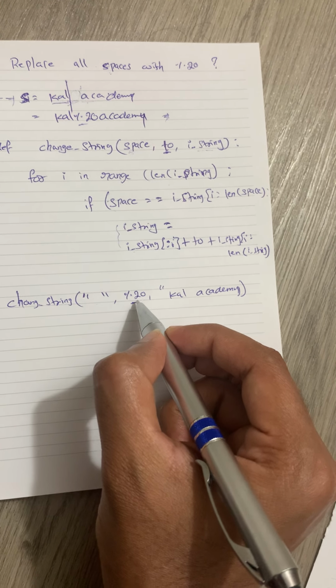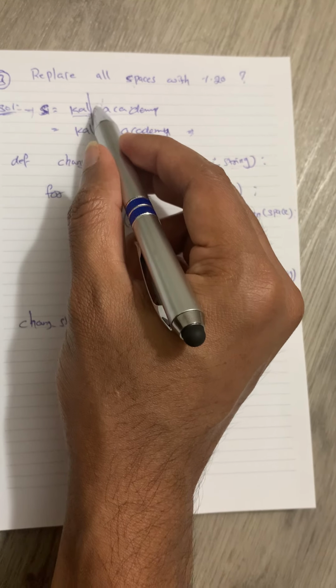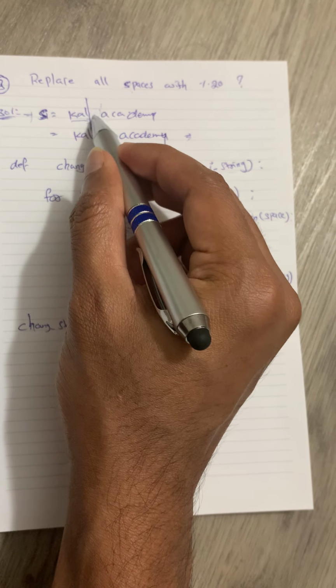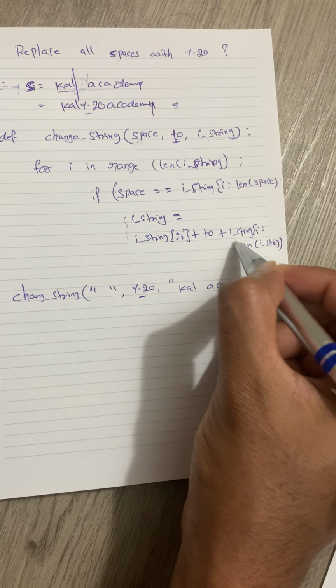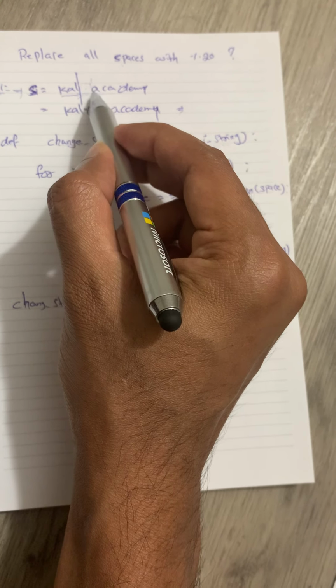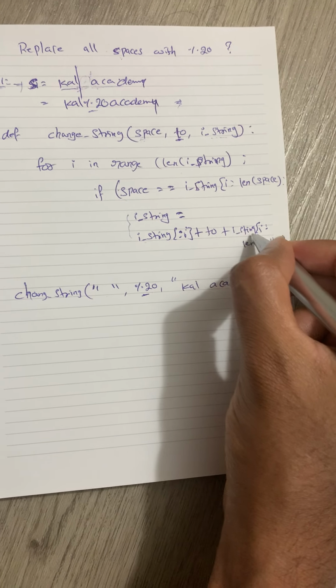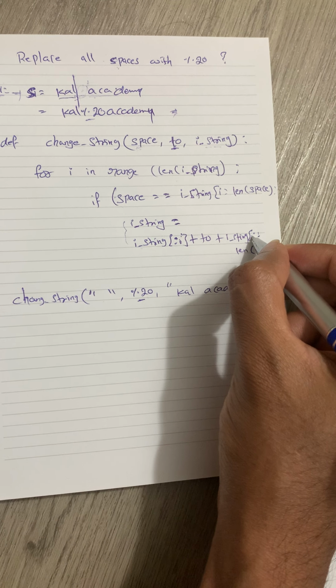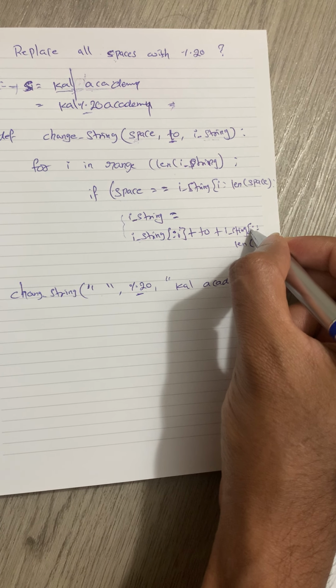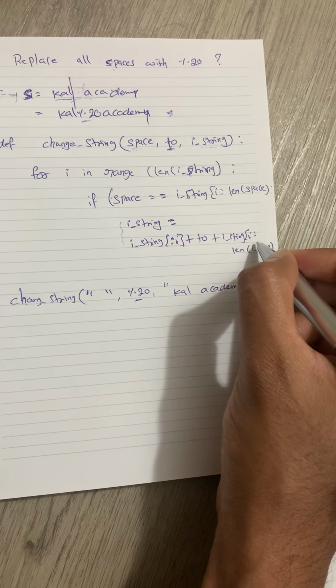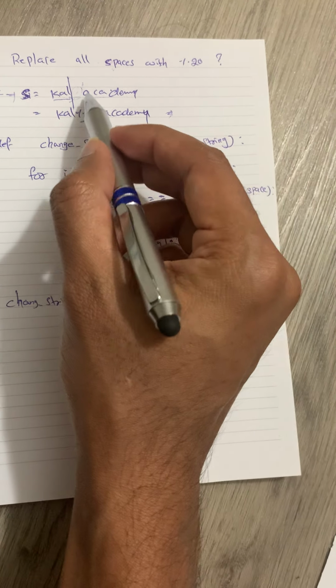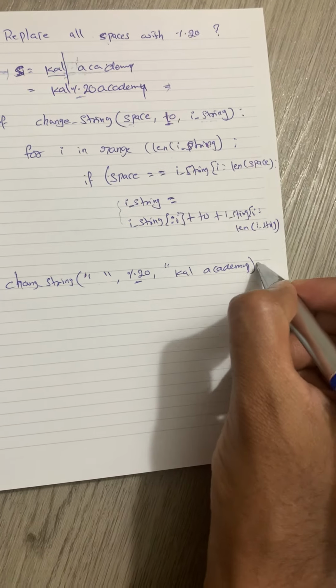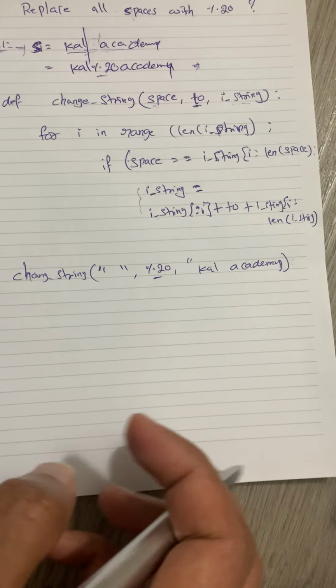This is what we wanted to change here. So it will edit the string to percentile 20, and then we need to print the rest of the string, Academy. This should be printed at the end, so it won't change anything in Academy, it just prints it out.